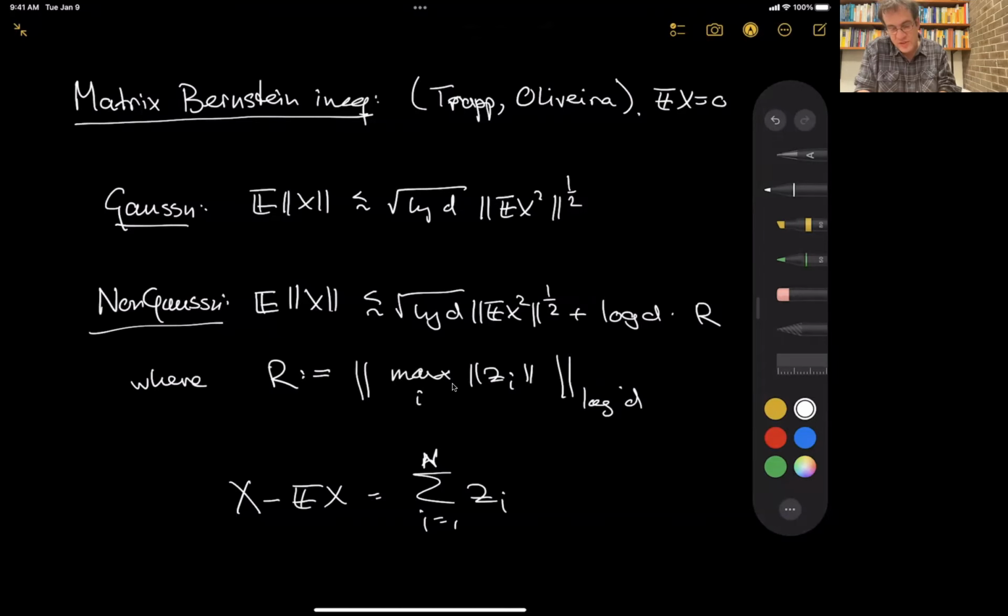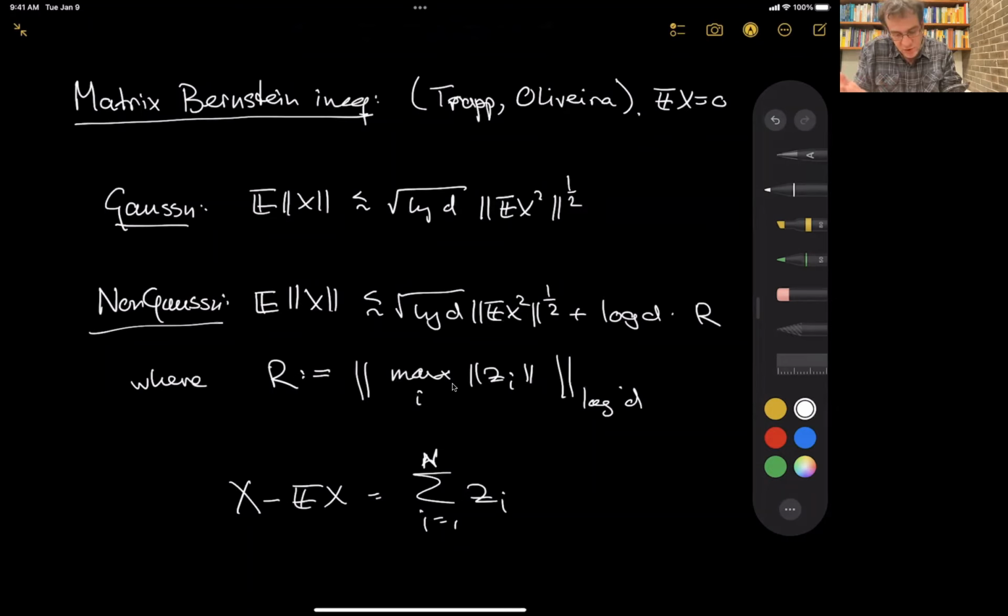But the reason that there is no second order term at all in the Gaussian case is maybe better explained by what I'm going to say next. The first order term here is the Gaussian behavior. So the second term is capturing the fact that we are no longer Gaussian, right? So there has to be some error. But in many situations, this error is very small.